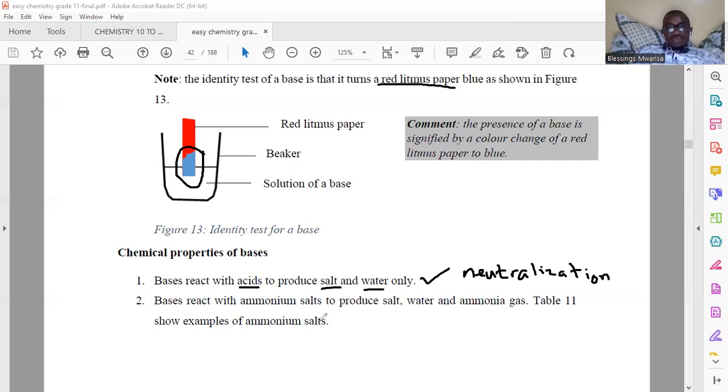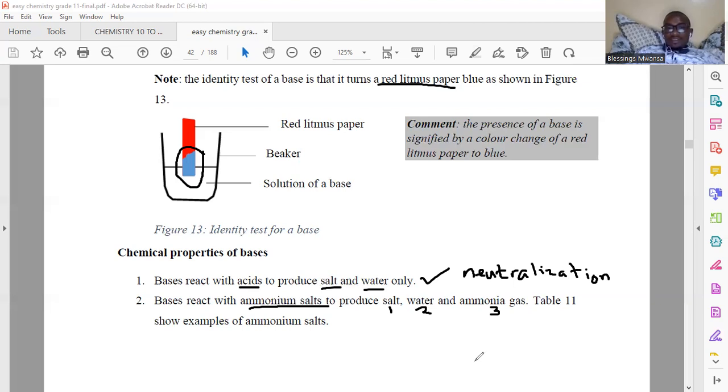Then bases react with ammonium salts to produce salt, water, and ammonia gas. This is a laboratory preparation of ammonia gas. If you want to produce ammonia gas, you can use this experiment.